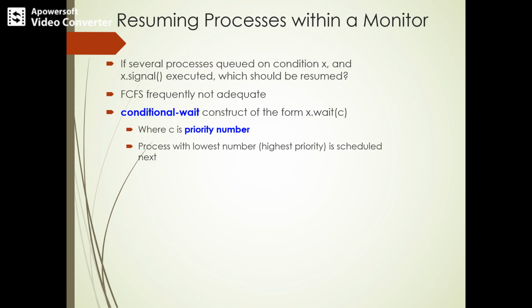Resuming processes within a monitor. Let's say there are several processes which are suspended on the condition x, and the x.signal operation is executed by some process. Then how do we determine which of the suspended processes should be resumed next? One simple solution is to use FCFS ordering, so that the process waiting the longest will be resumed next.